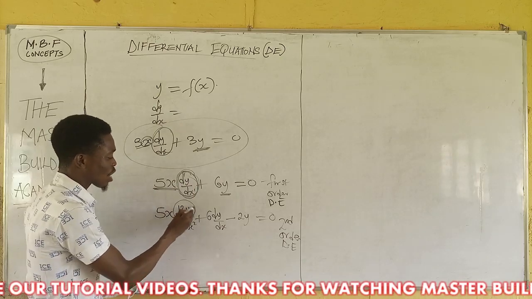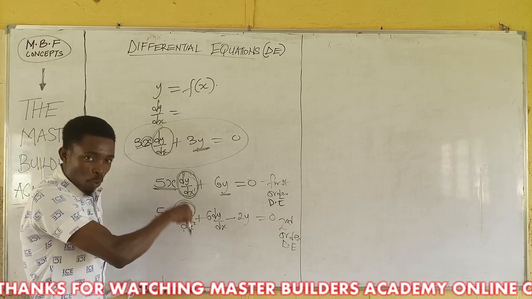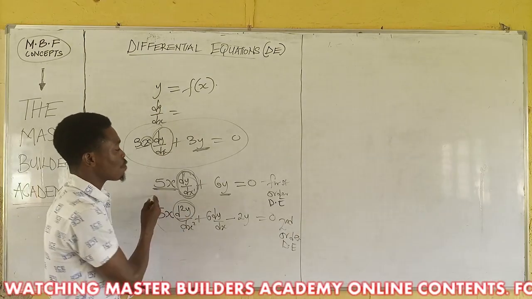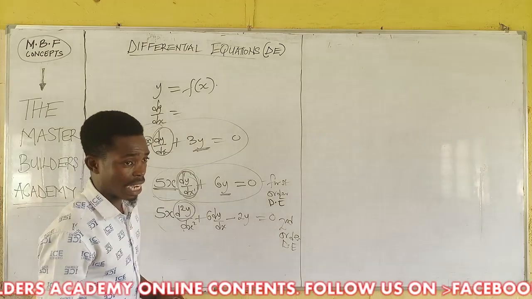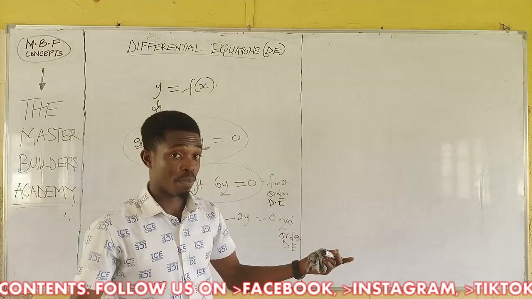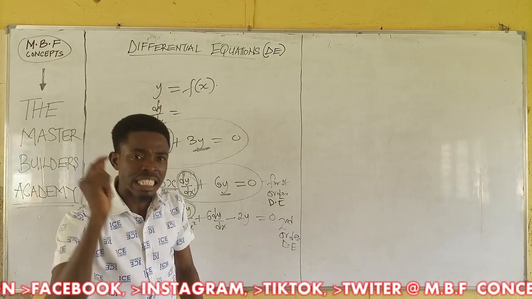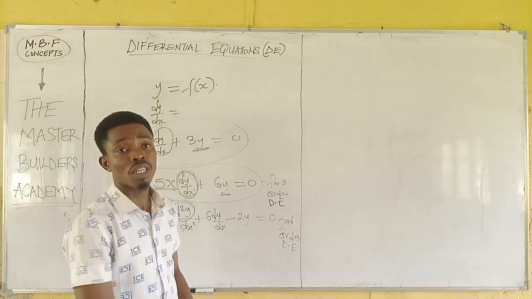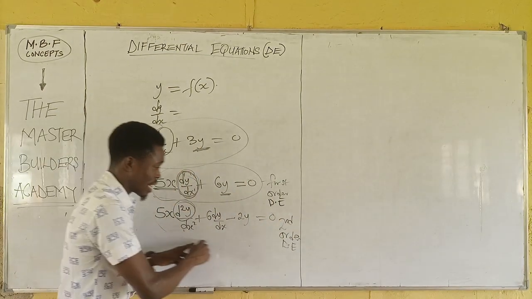Why is this second order? When you have d squared y over dx squared, this is second order. So when I have questions that contain only dy over dx, in such a question the highest derivative is 1. So such is called a first order differential equation. Then we have second order differential equation like this case.